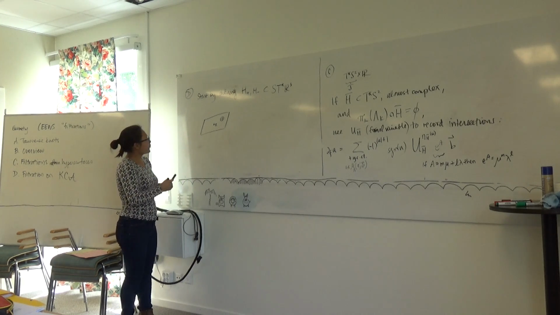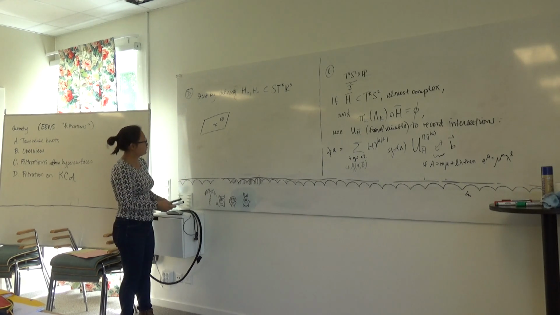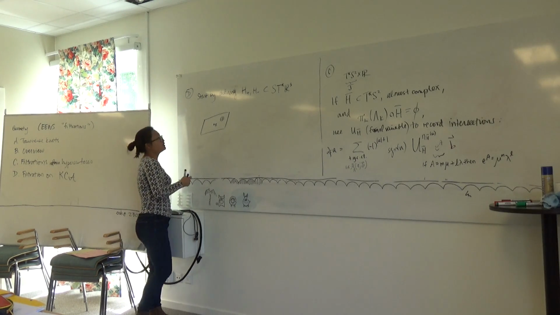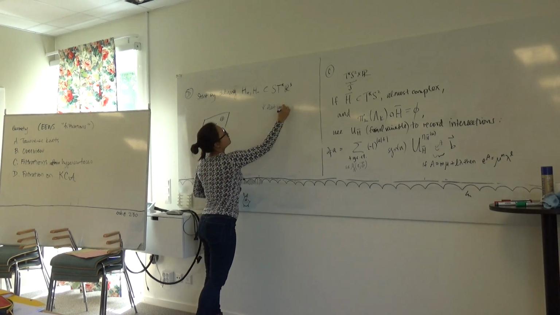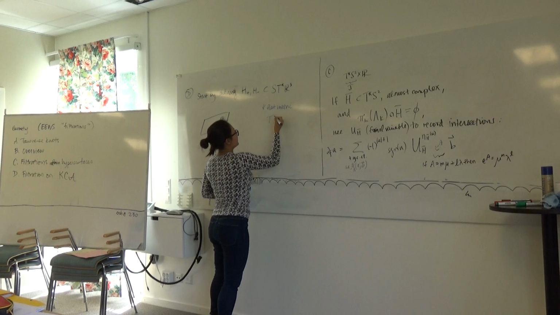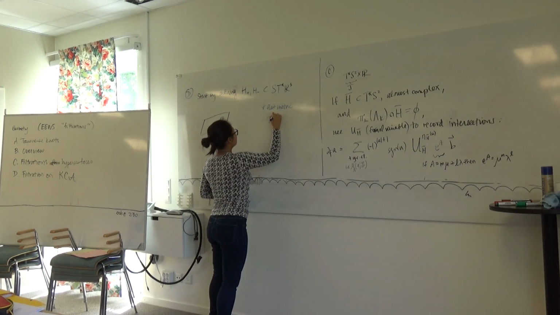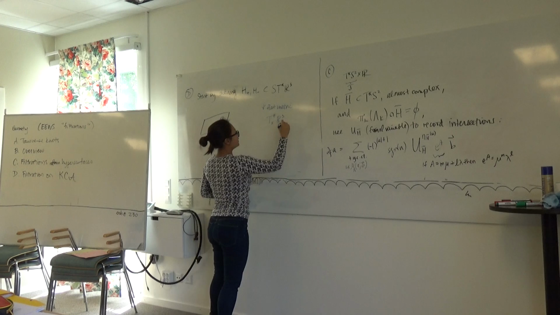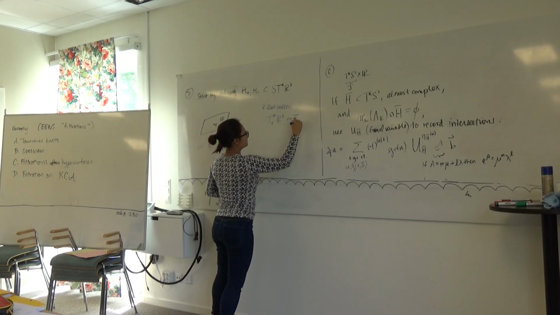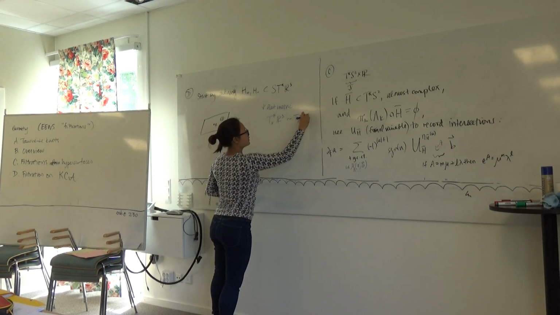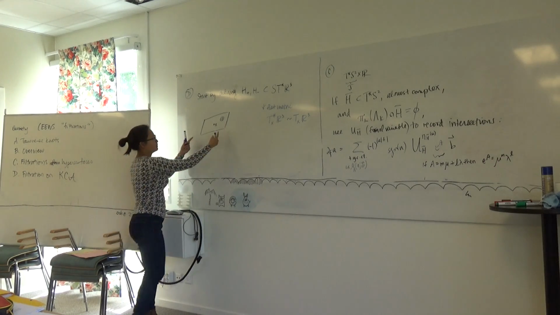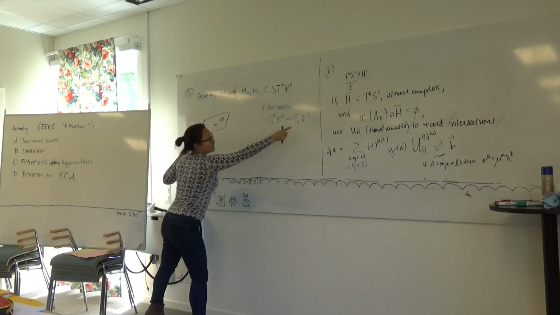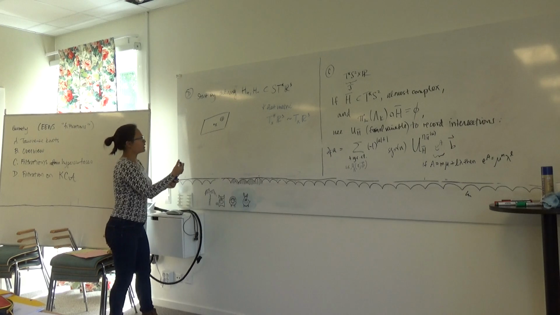In this picture, I'm going to use a flat metric to identify T_x star R3 and T_x R3, but I'll tell you which one's which. So the contact plane is in here, and the point is just here.